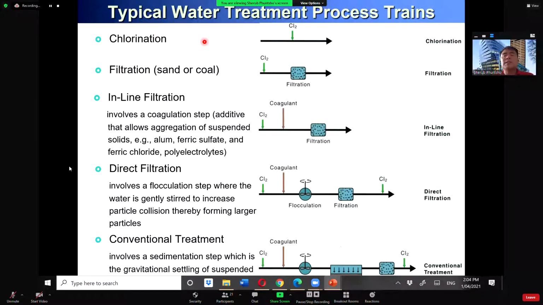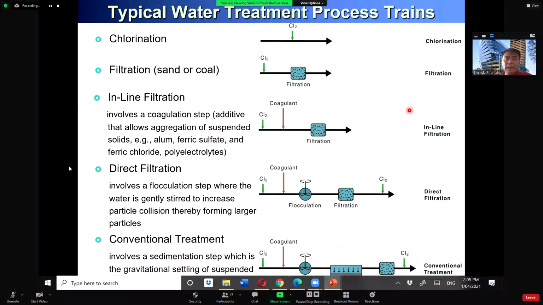So just a simple disinfection is enough to disinfect the water and then supply it for drinking. Sometimes you can have just sand filtration. So add chlorine to kill any bacteria that you may have in the water, and then use some simple sand filtration and then apply it for use. In many countries, when water quality is quite good, they use just basic sand filtration and chlorine disinfection and then supply it to the houses.